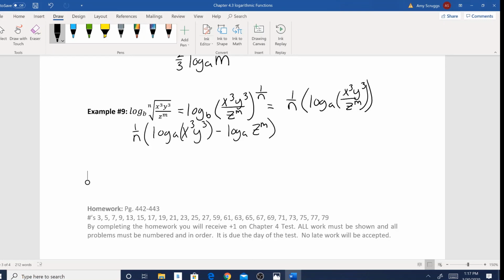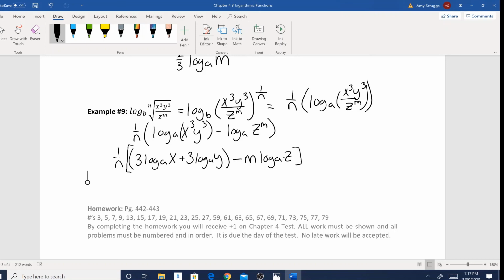So I do have 3's out in front of both of these. So what we're really going to have here is 1 over n, and then we'll say 3 log a of x plus 3 log a of y minus, okay, and I'm going to do brackets here instead of parentheses. That way it's a little less confusing. But this is going to be m log a of z, and I'll just finish that up with brackets.